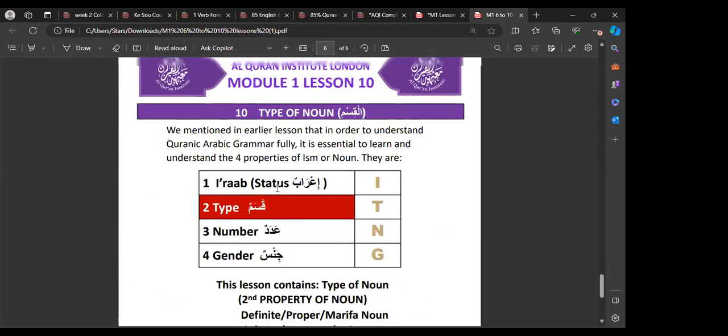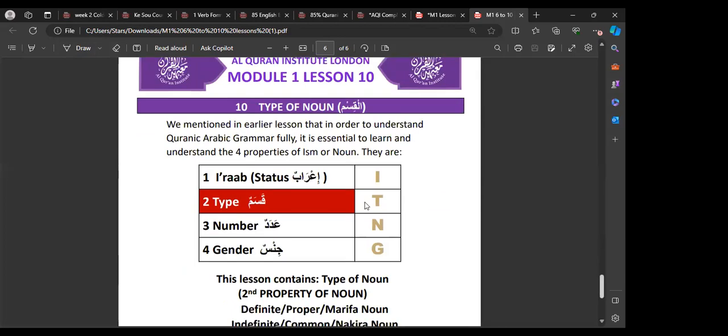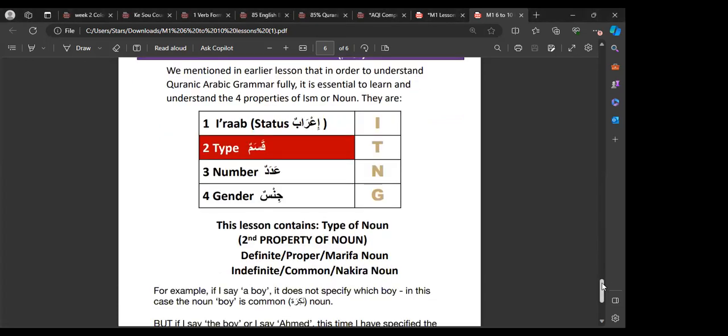The last lesson, lesson 10. Again, type. Qasmun, type. When we talk about type, we're purely saying, is it ma'rifa or is it nakira? There are two categories of nouns, ma'rifa and nakira, and we're working out which type it is.